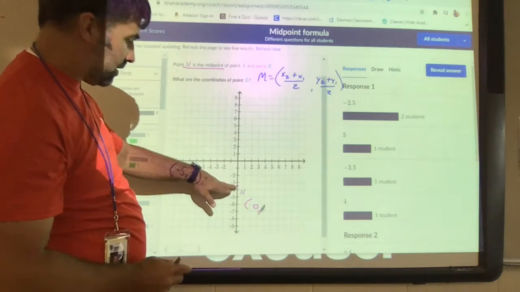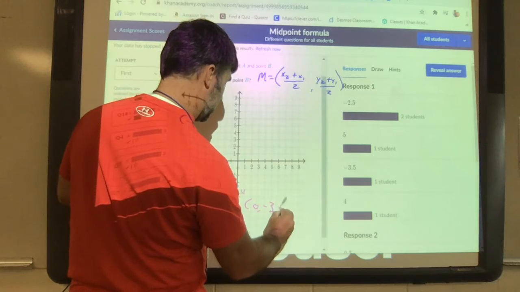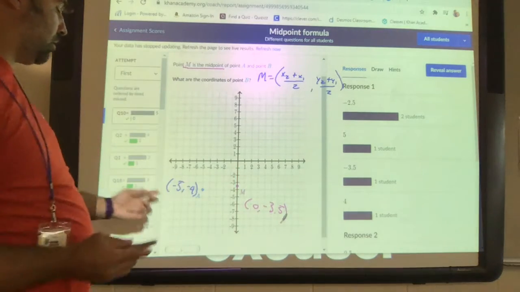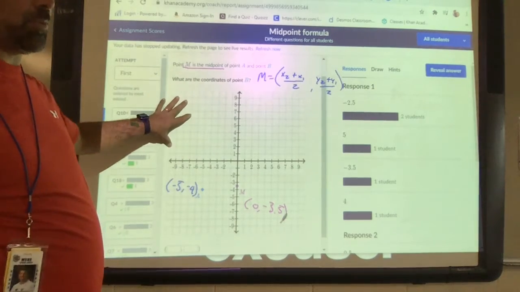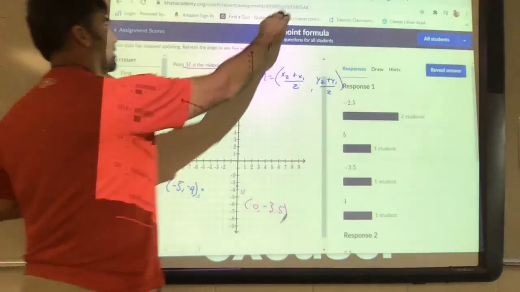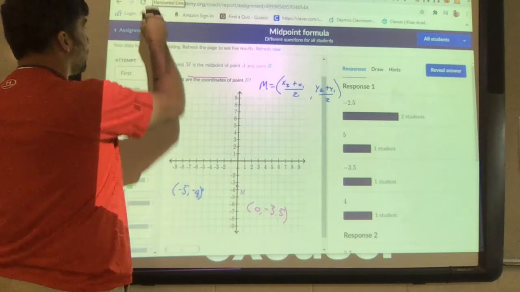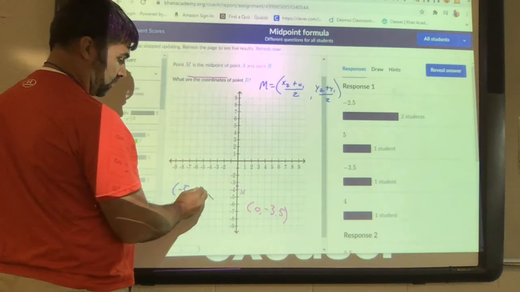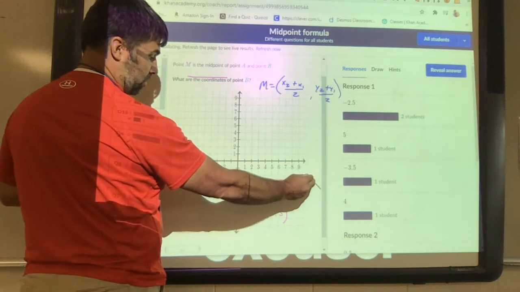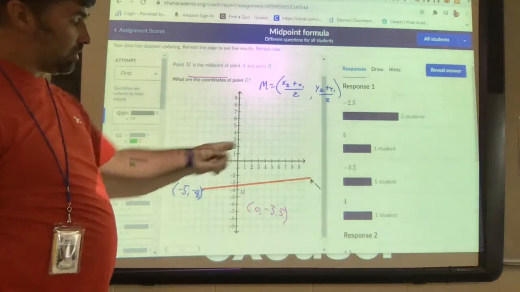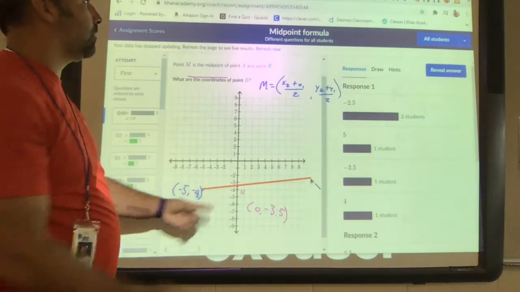So you don't do x1, y1, x2, y2. That's not what you do, because M is the midpoint. What it's saying is, I've got a line that runs from A through M. That's the midpoint, and it wants to know what the other point on this side is. Point B would be on this side to make M the middle.